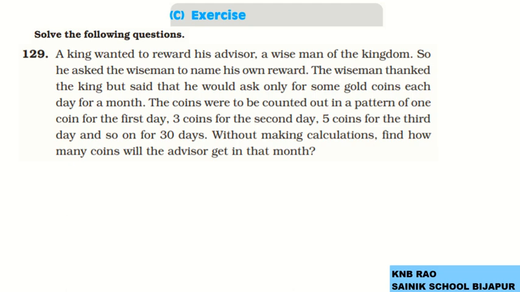The coins were to be counted out in a pattern of 1 coin for the first day, 3 coins for the second day, 5 coins for the third day, and so on for 30 days.